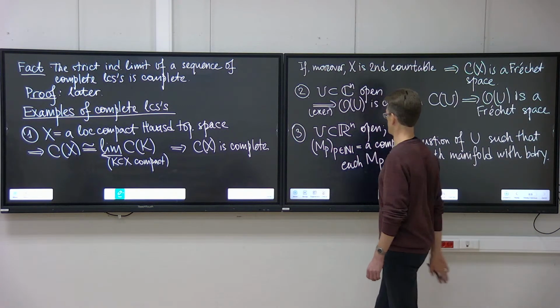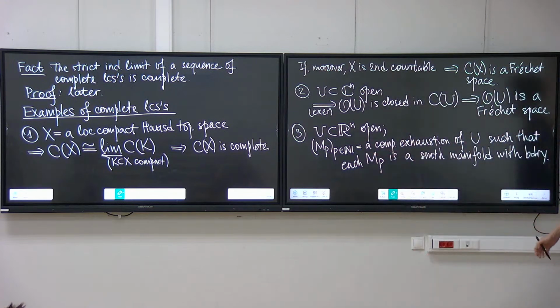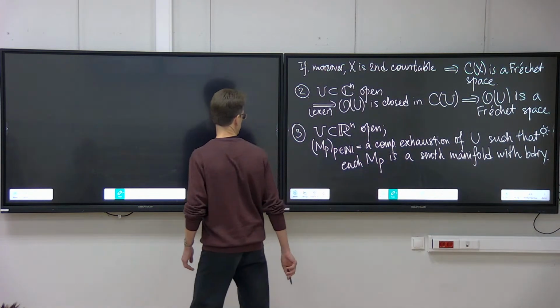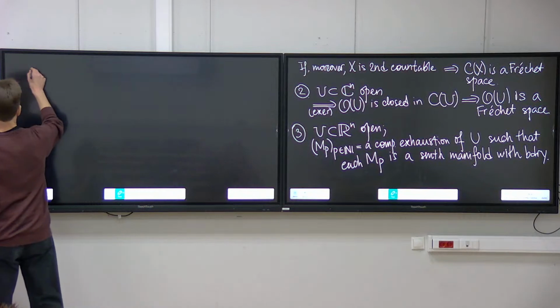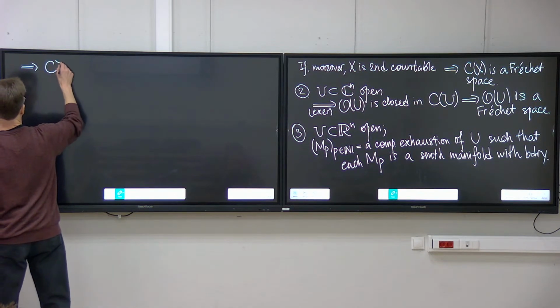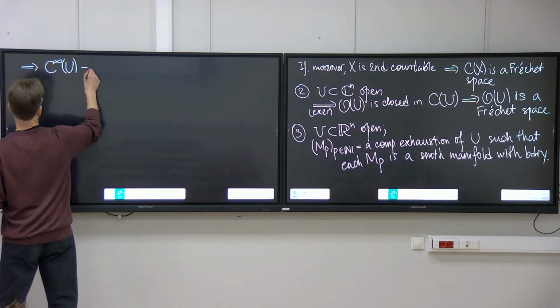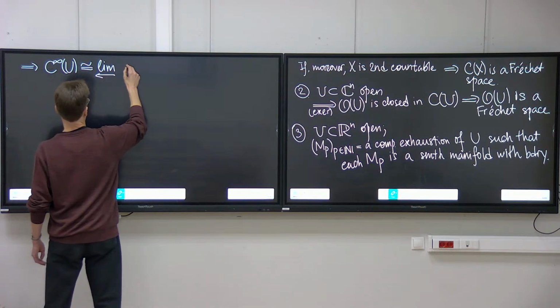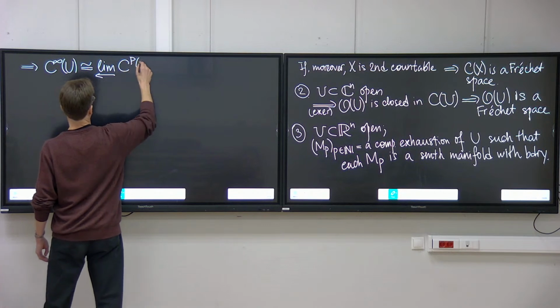For example, if U is just R^n, then you can take the sequence of closed balls. Then, if we look now at the space of C infinity functions on U, it will be isomorphic to the projective limit of the spaces of C^p on M_p.